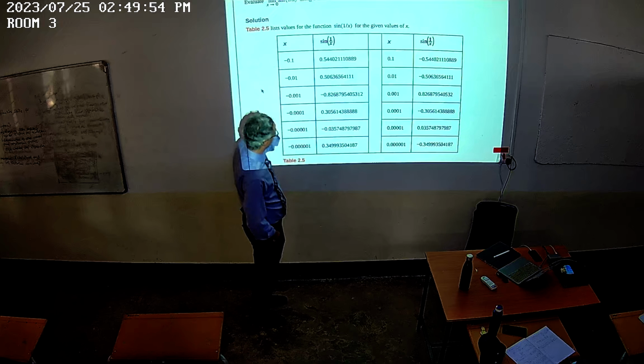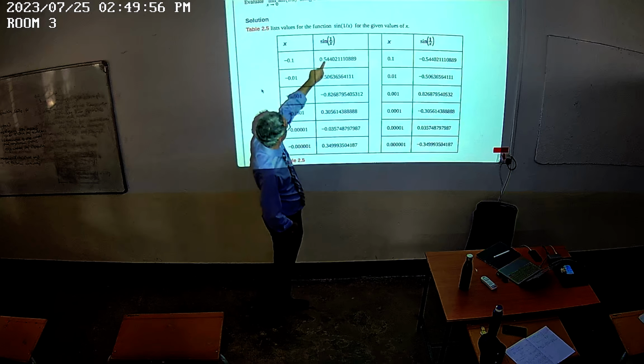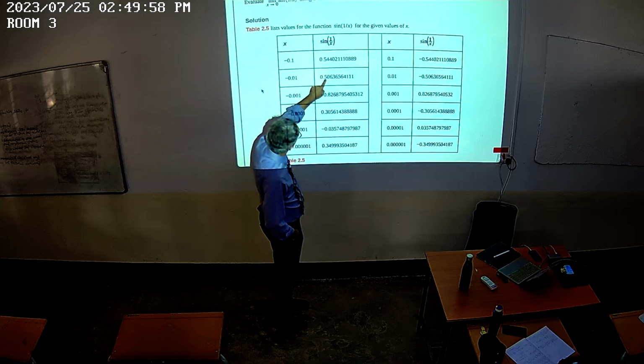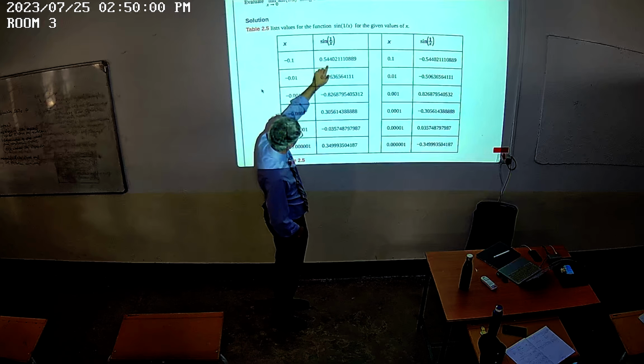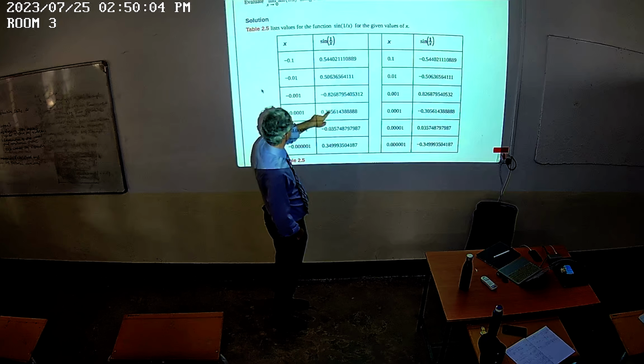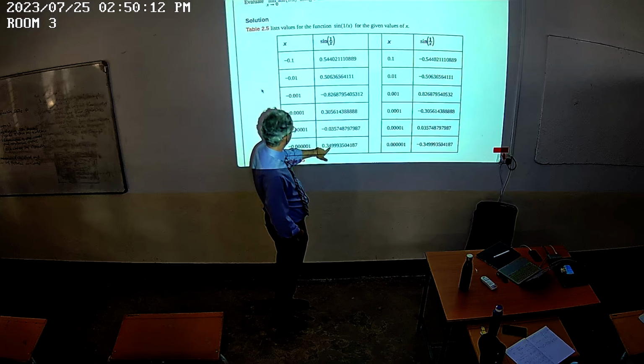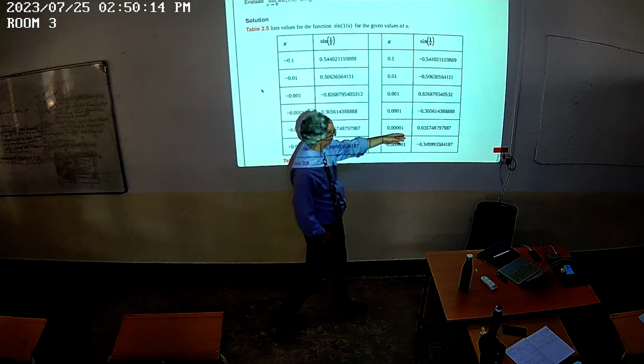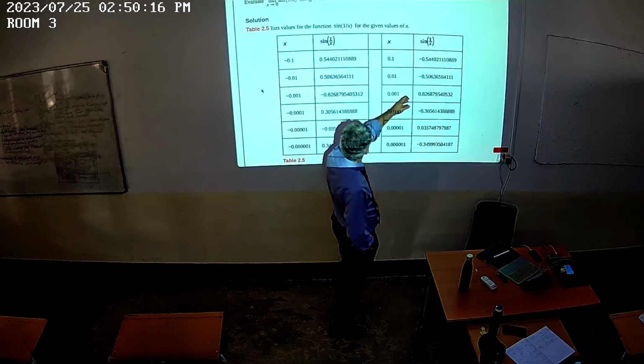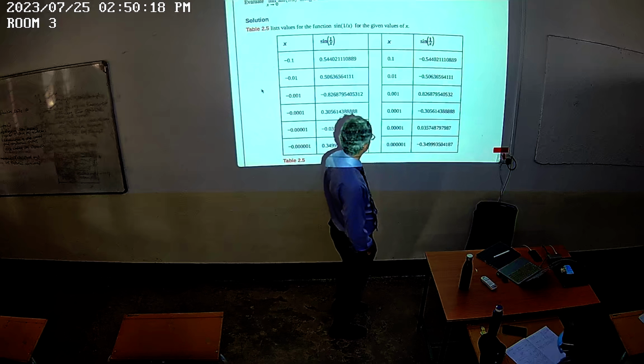You'll notice the values jump down, then back up, then down again, similar but with the opposite sign on the other side.